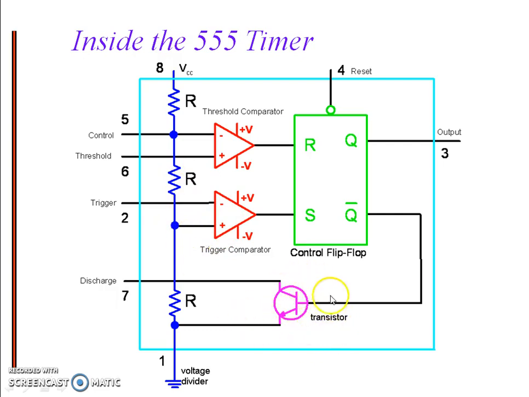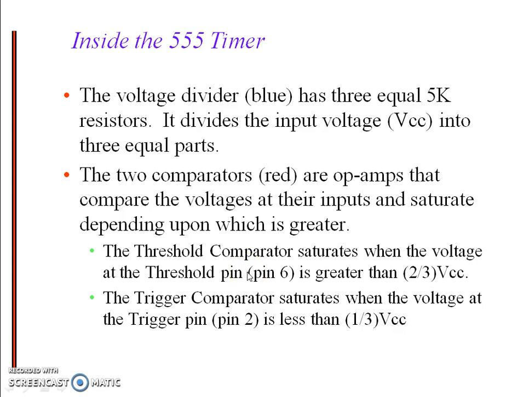The transistor works as a switch and supports discharge of the capacitor we connect here whenever we operate it in the modes. Basically we operate this 555 timer in two modes: monostable multivibrator and astable multivibrator using the 555 timer.